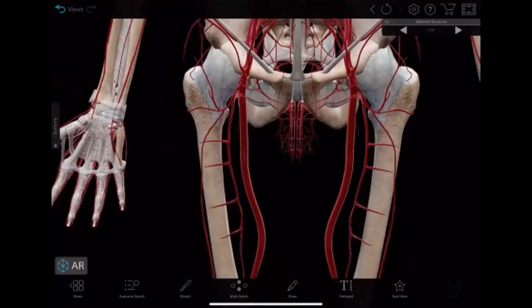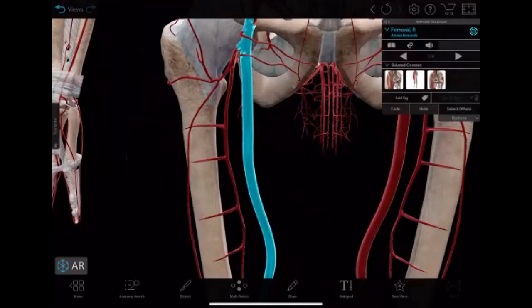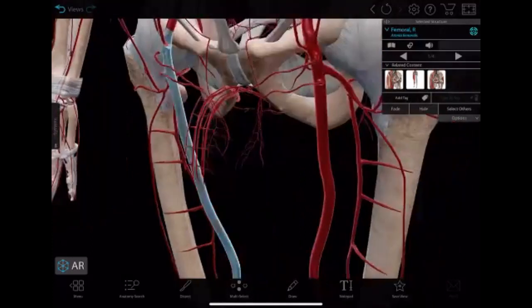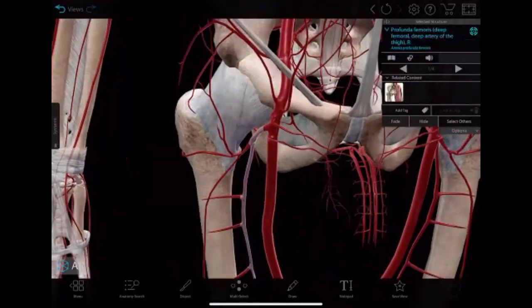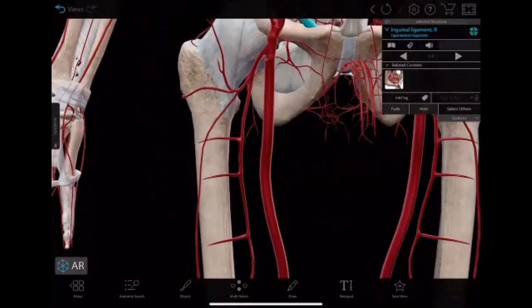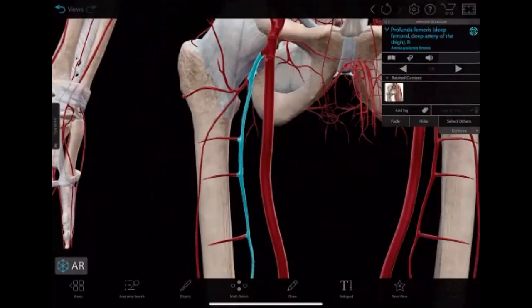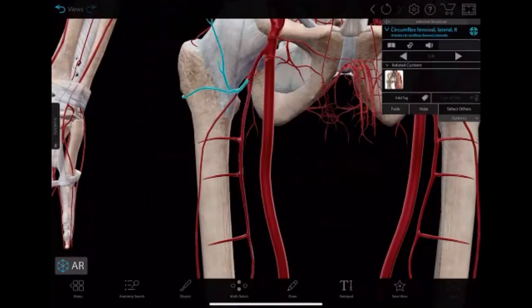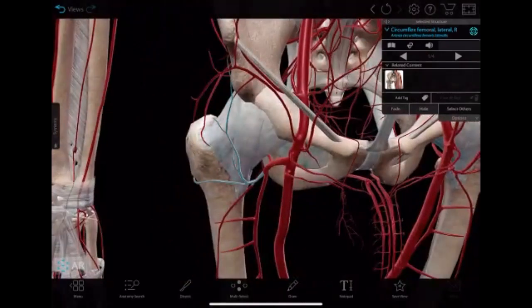The profunda femoris comes off 3.5 centimeters distal to the inguinal ligament, at the posterolateral aspect. That is the profunda femoris artery. This one is the medial circumflex femoral artery.